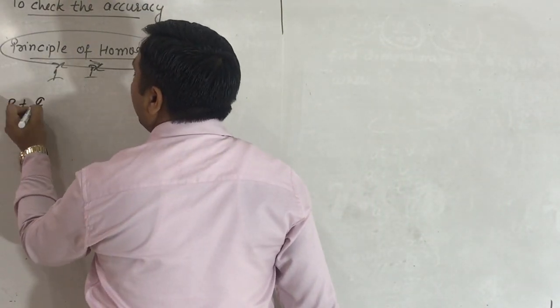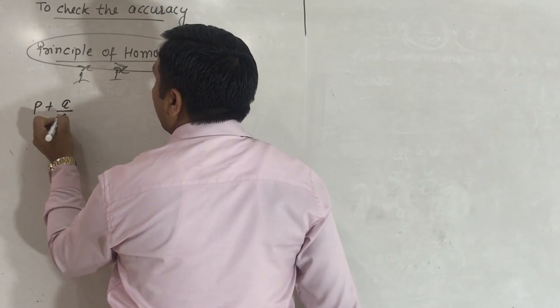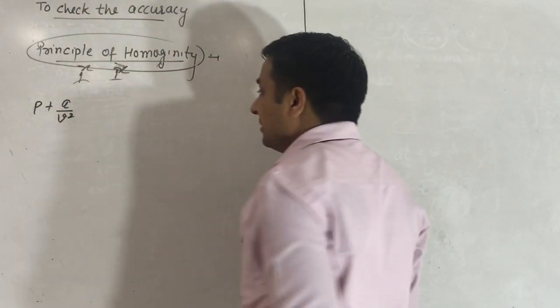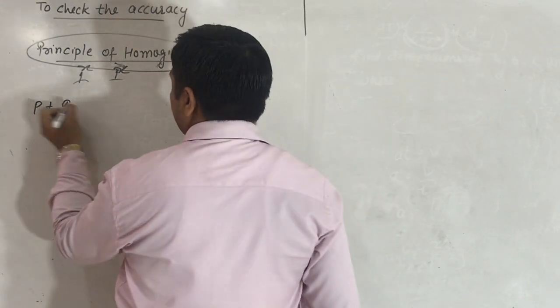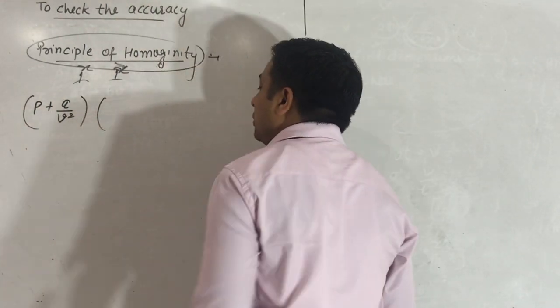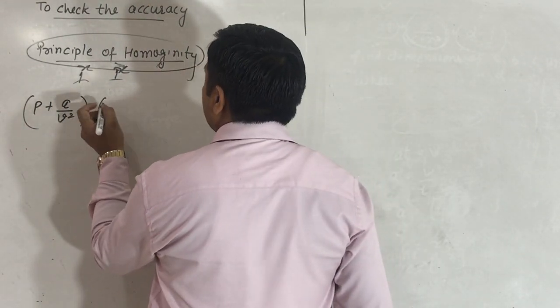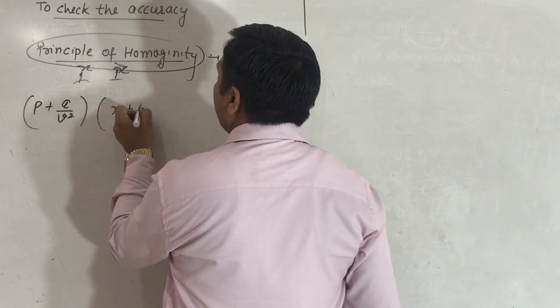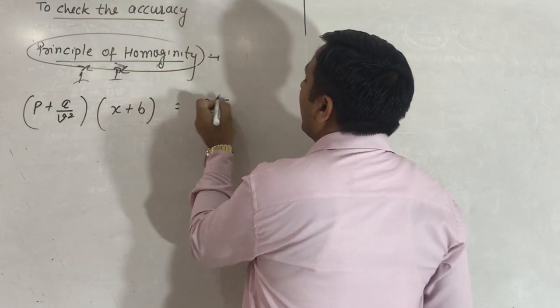P plus A upon V square into x plus B is equal to RT.